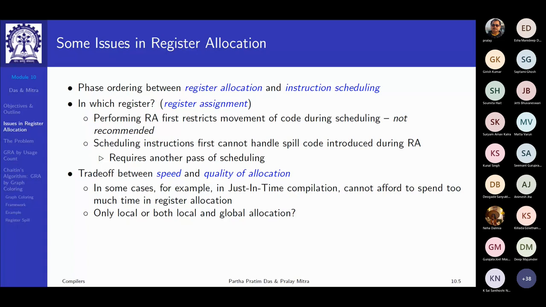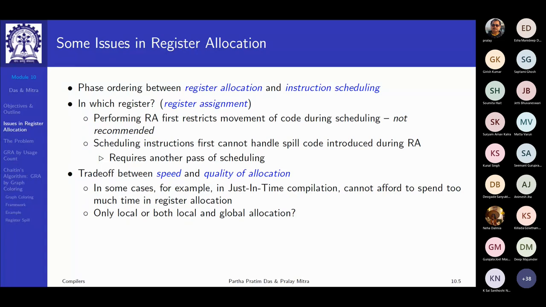Maybe we'll go with a simpler heuristic, which can be applied very speedily, and go with that kind of quality, and maybe accept more load stores to happen. These are the basic reasons why JIT-supported languages are typically slower than totally compiled languages. But that trade-off is a big question that you'll always have to answer.